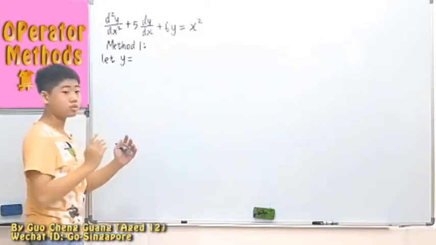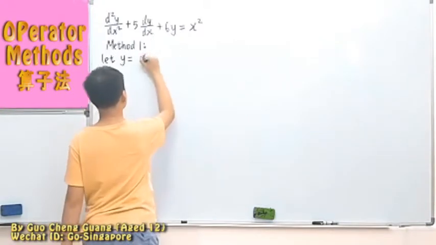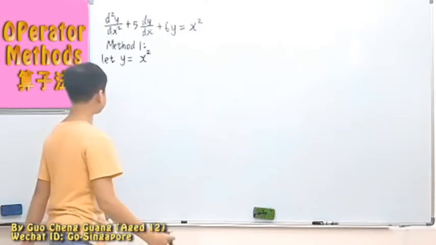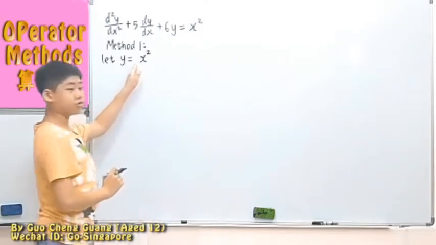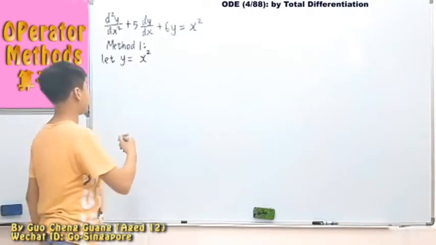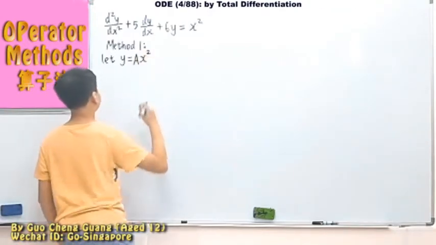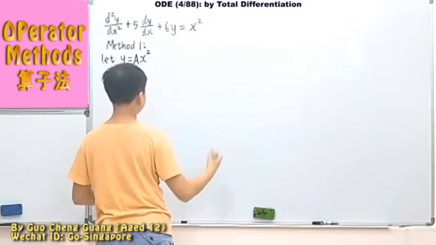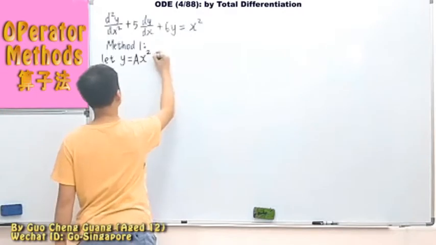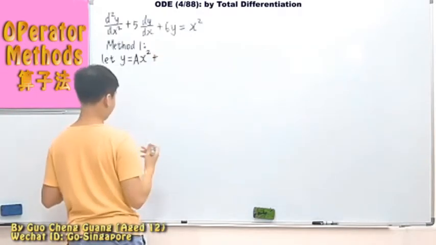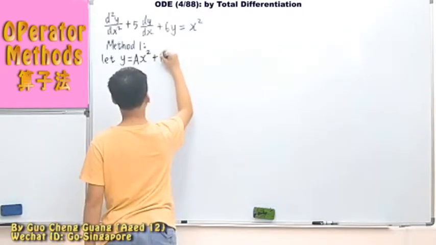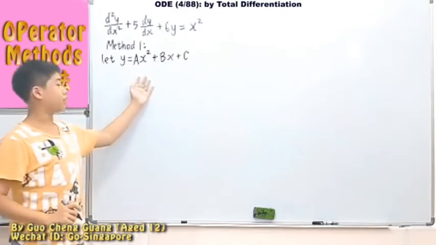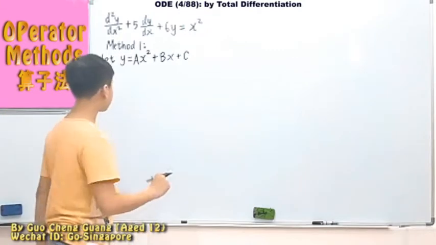So y needs to have x squared, but we're not sure of the coefficient in front yet, so we leave it as a. Afterwards there may be an x term, and it might also have a constant. So this is what we have for y: ax squared plus bx plus c.